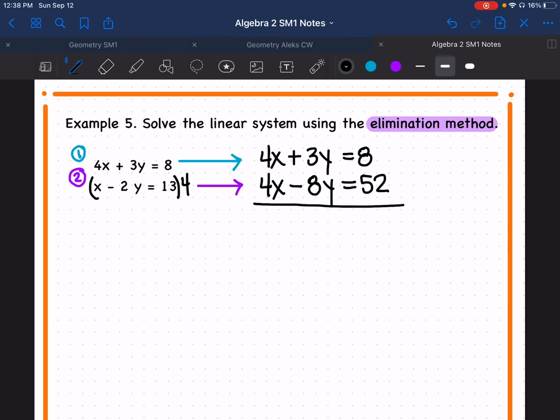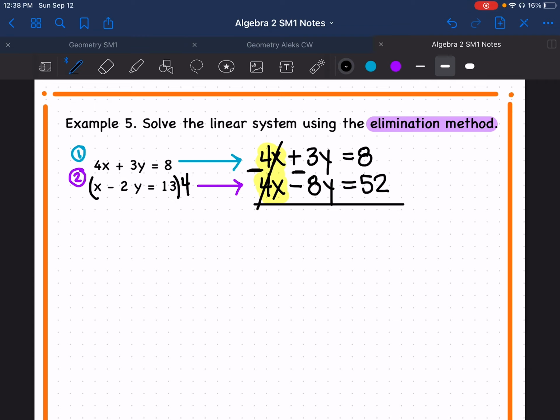Now you can see that my equation 1 and my equation 2 have common coefficients with our x values, 4x and 4x. They are the same sign. So we are going to go ahead and subtract. 4 minus 4 becomes 0.